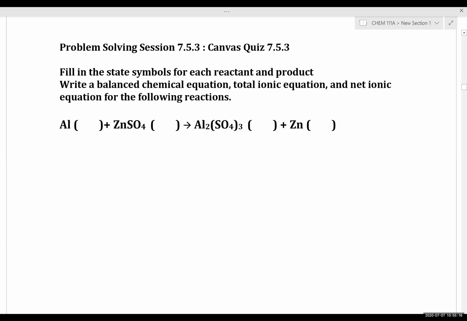And the balanced coefficients I see in the chat look good so far. Let's spend a few minutes and then we'll discuss the balanced chemical equation as well as the state symbols in about another minute and a half.